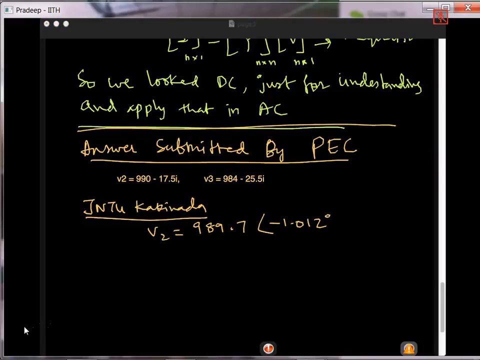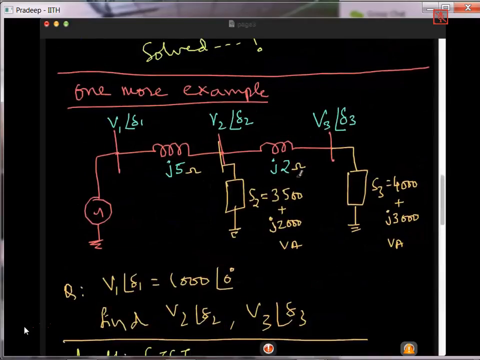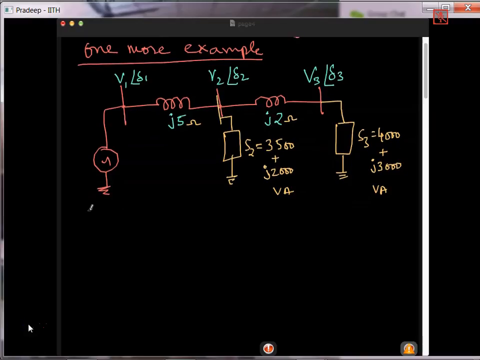So how you solved it? Per unit system. Let's use per unit system.